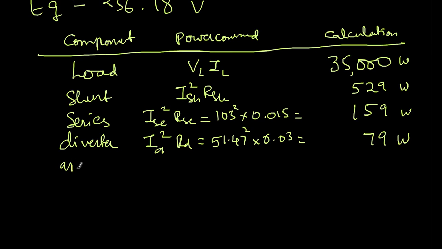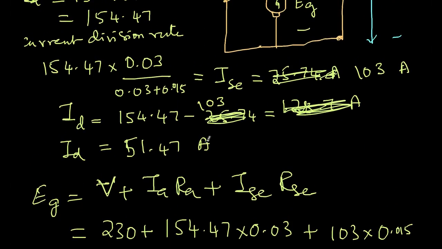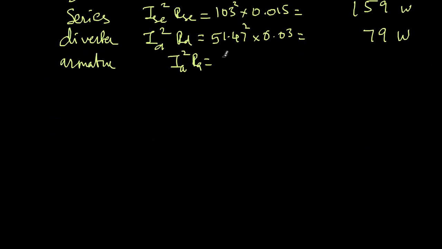And because of the armature resistance, this is IA square RA. What is the armature current? 154.47 square multiplied by RA 0.03.